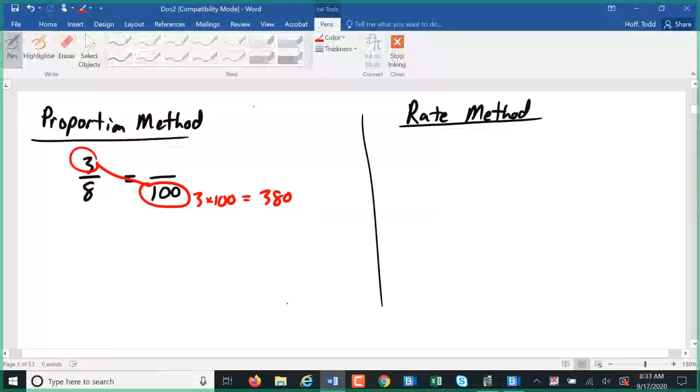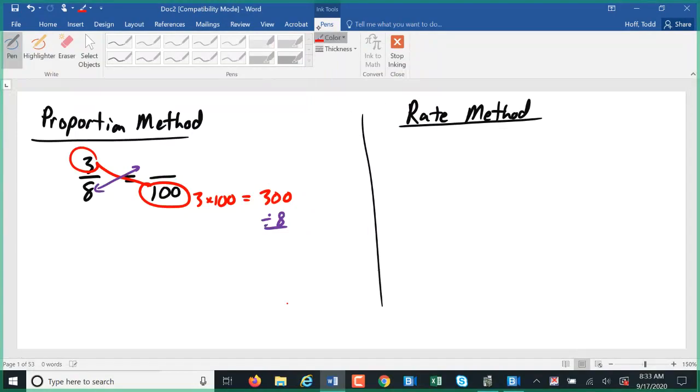Then the number that's diagonal with our missing number, in this case the 8, we divide by that. So I don't know where my 80 came from there, that should be just 300. 300 divided by 8 is 37.5. So 37.5 out of 100, or 37.5%.